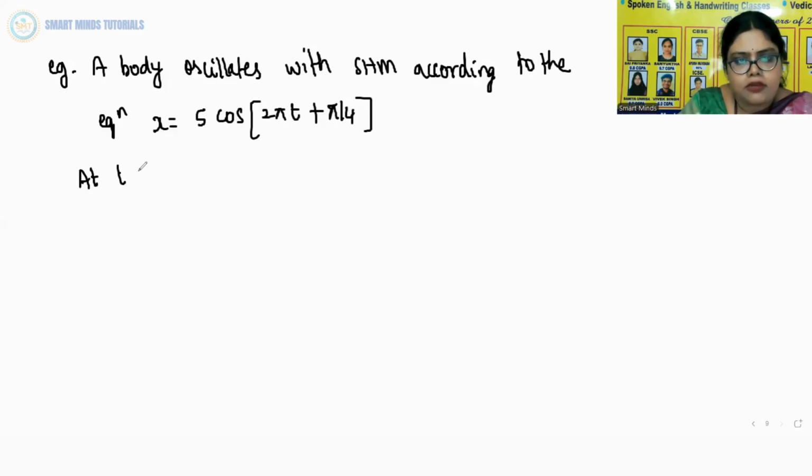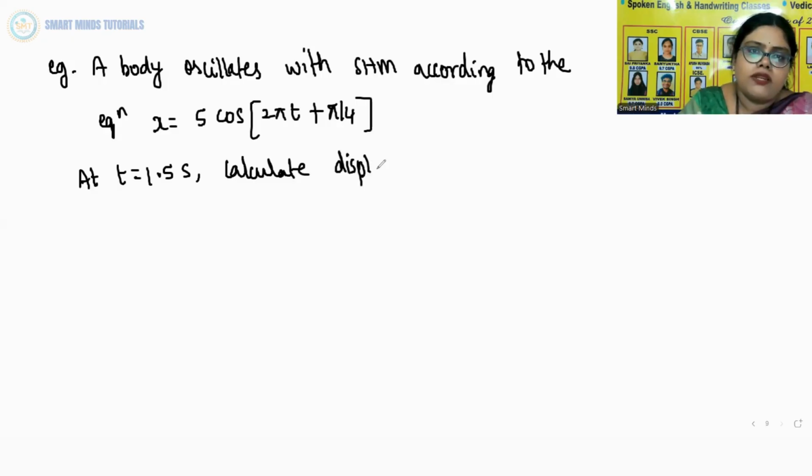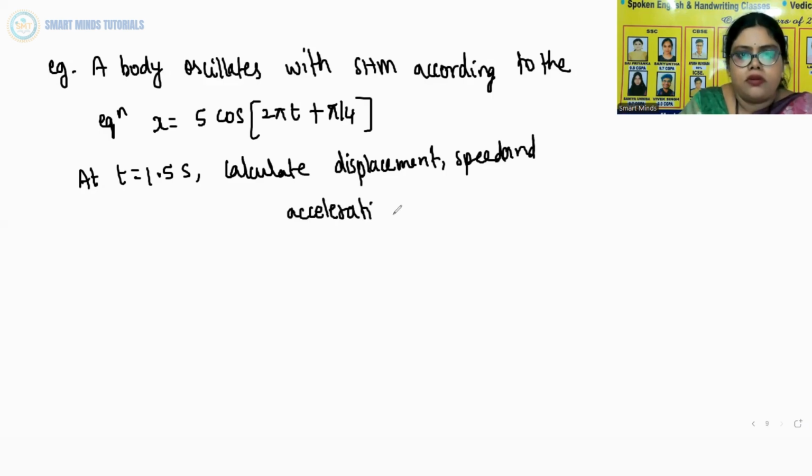At t equal to 1.5 second, calculate three things: one is displacement, the other is speed, and the other is acceleration of the body. So this is a numerical.